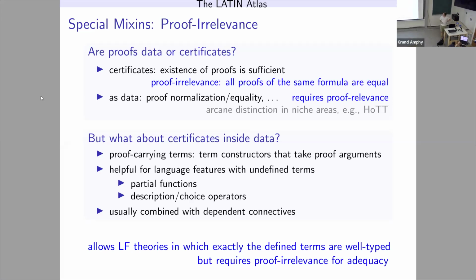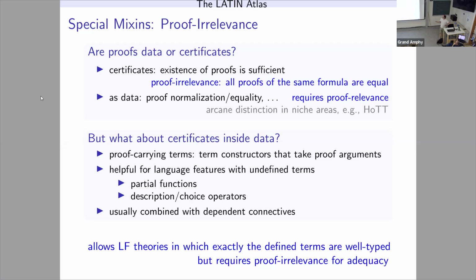So that gets us to proof irrelevance, where we're basically saying, well, all proofs are the same. We don't need to distinguish equality of proof. And most of the time, the distinction between proof relevance and proof irrelevance doesn't really matter that much. There are some people who really want to use the proofs as data, and they can happily do that. If you don't care about the proofs as data, you just don't have to worry about it.